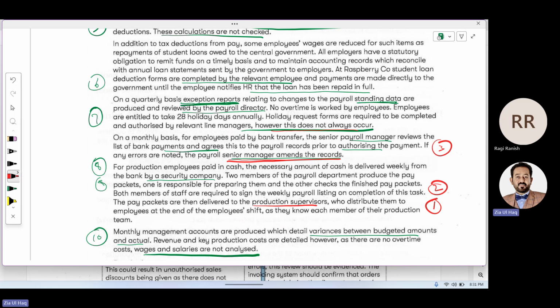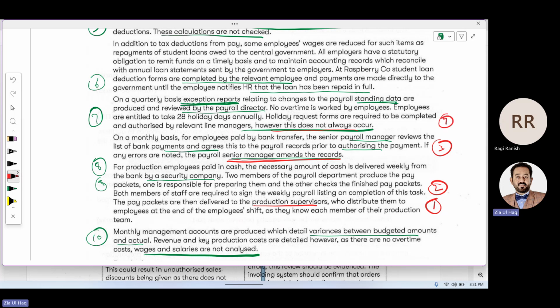That could result in a loss for the company. Even if employees are taking more holidays, there will be some problem in production due to shortage of labor. So holiday forms should all be authorized by the line manager.